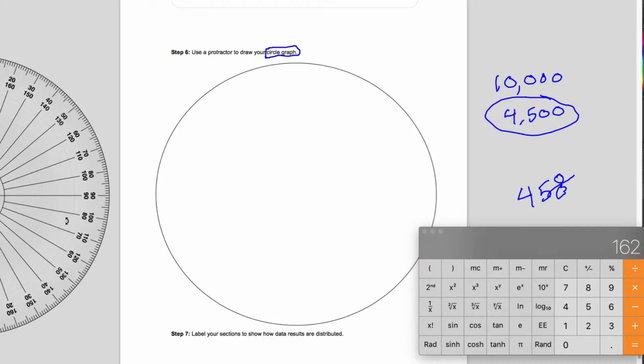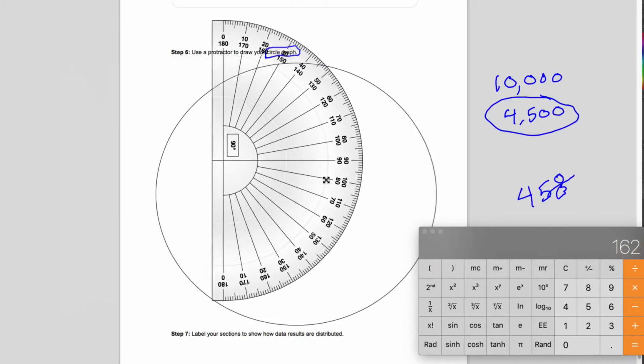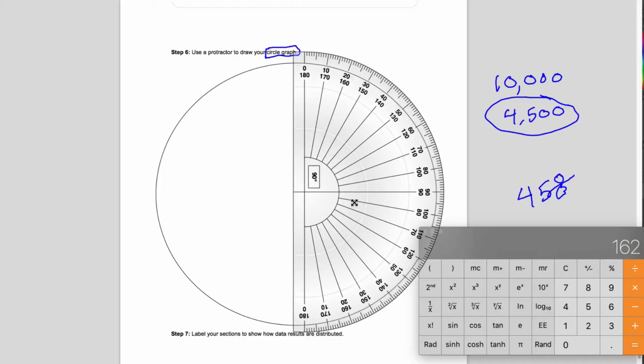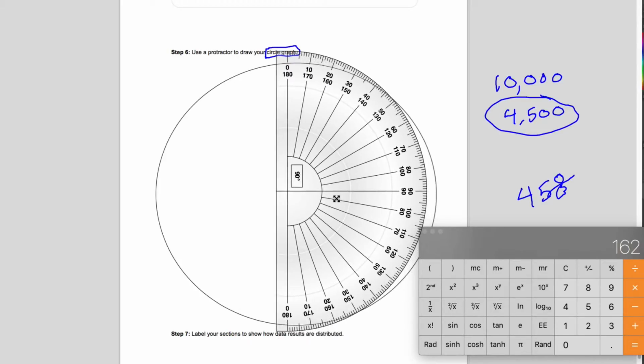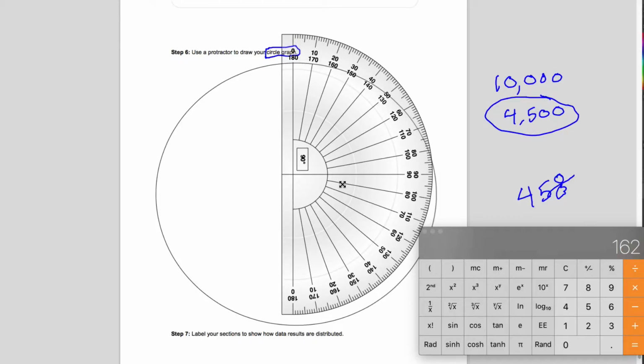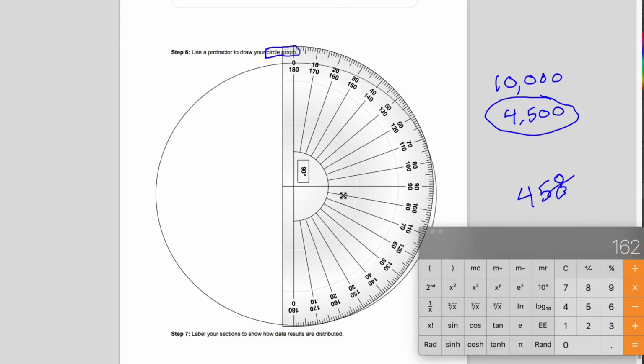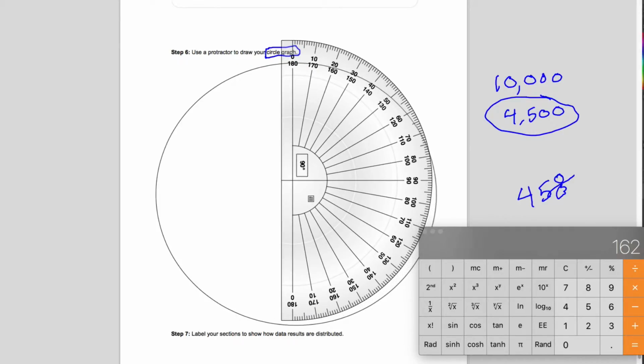So great. Now I take a protractor, and I'm going to start right up at the top there, and I want to go 162 degrees. So if I move that just slightly so I can see it, then right here at 162 is my mark.